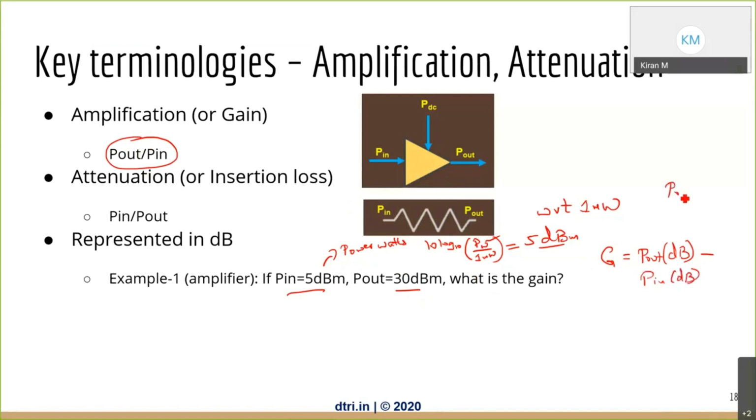It was P out by P in, so division became subtraction. So you get 30 minus 5, that is 25 dB, the amplifier gain.